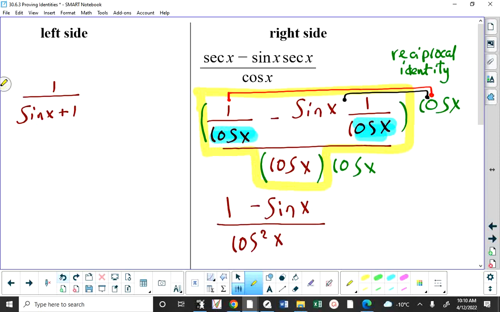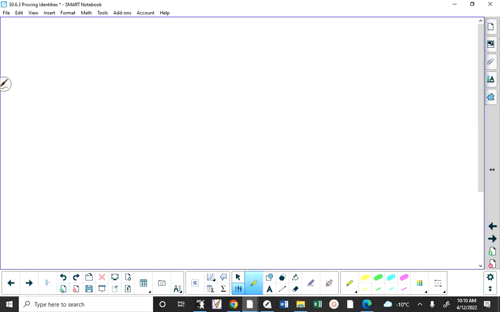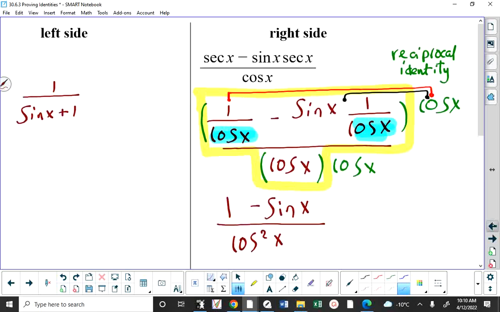So I think you're going to have room in the bottom right corner of your handout. We can write there that sine of x plus 1 cannot equal 0. Because there's a denominator of sine of x plus 1. We also have a denominator of cos of x, both here on the bottom and here on the bottom of the top.